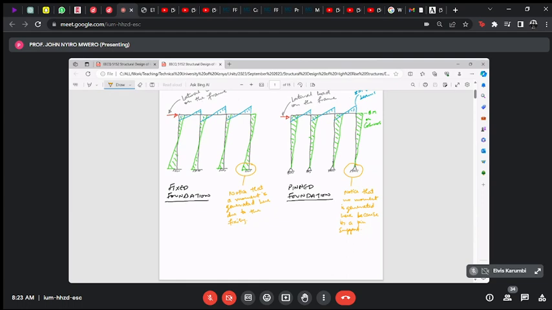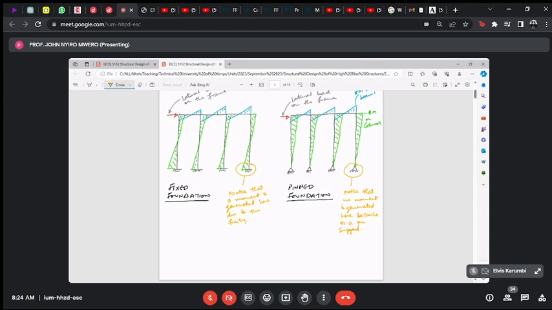Whatever is left to be carried by the frame is slightly less, meaning that you wind up with a slightly lighter structure. The foundation contributes to the resistance of the sway, so the frame itself does not need to carry 100% of that effort. So that's an advantage of this fixed foundation, if you can achieve it.